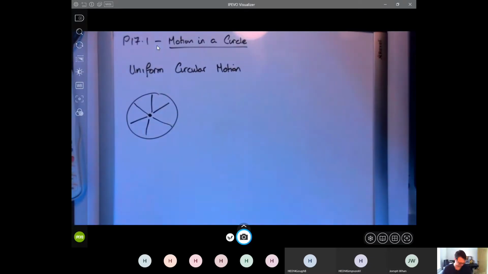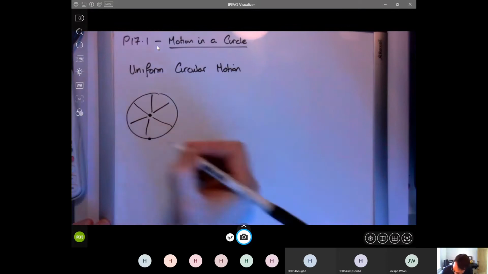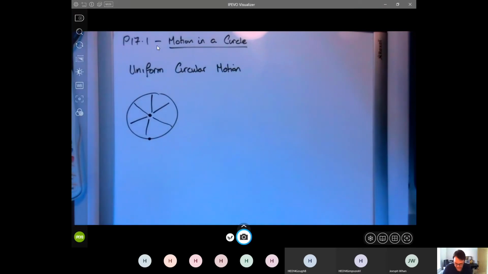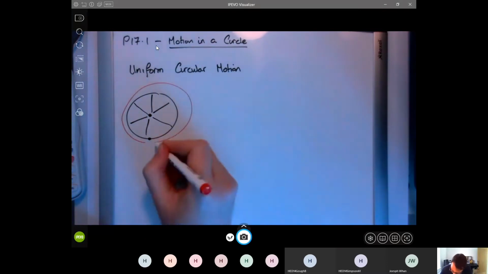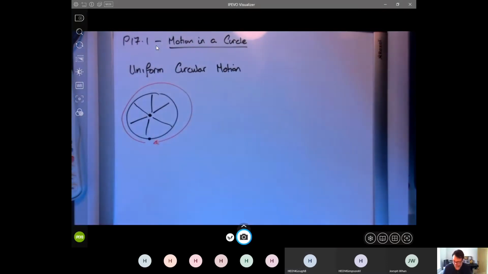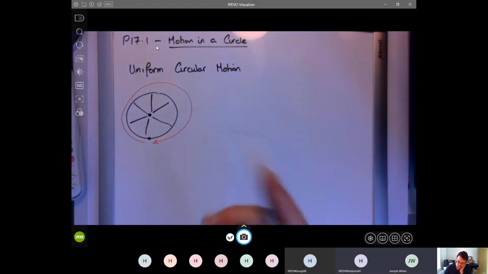Okay, so there's a wheel. If my wheel is rotating from that point all the way around to that point in a circle, how far is it going to travel? It's going to travel the circumference of the wheel.